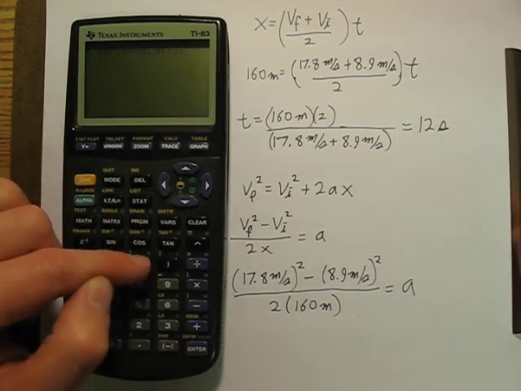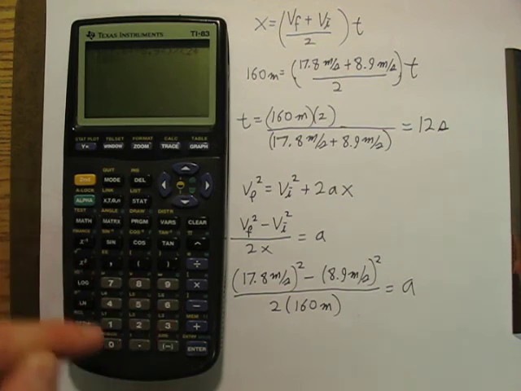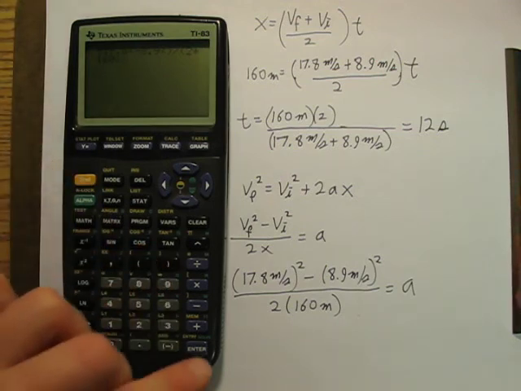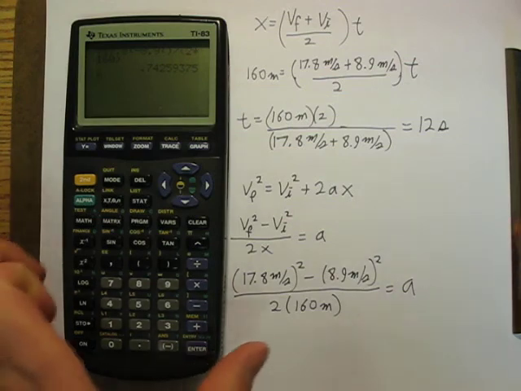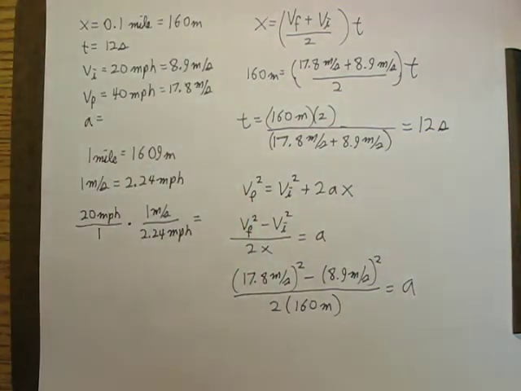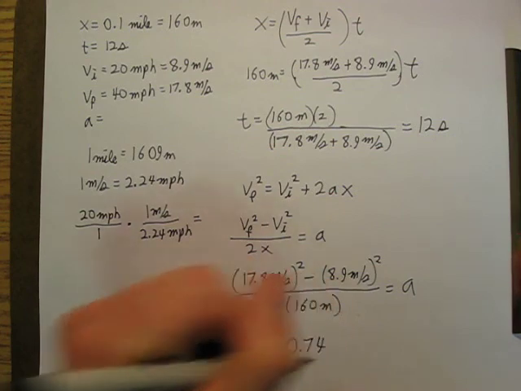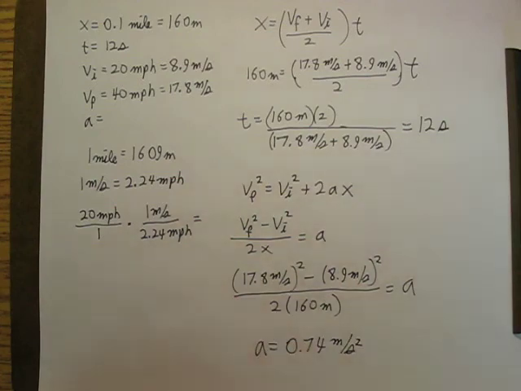Divided by, now parentheses for the denominator, 2 times 160. I need those sets of parentheses. Hit it, and I get 0.74. What are the units on that? A is 0.74 meters per second squared. Okay, that's it for that example.